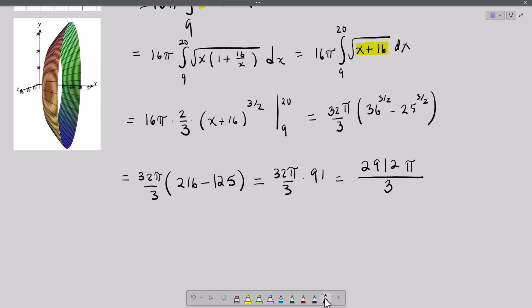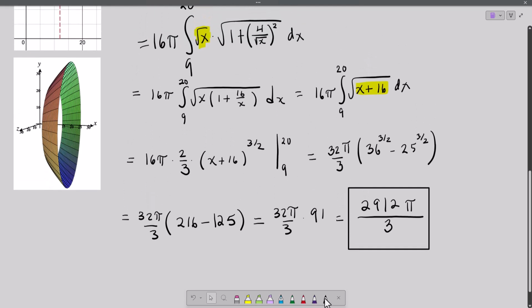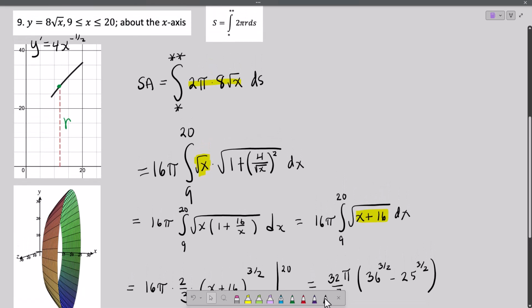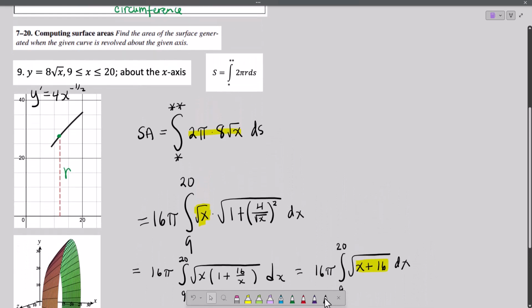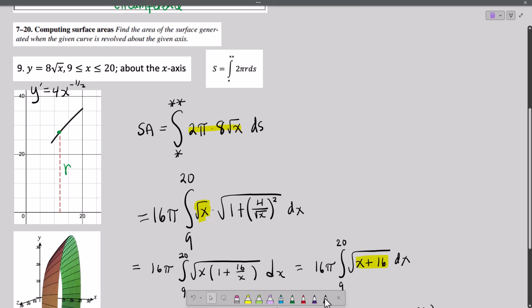Question: Can you go over how you turn the ds into the square root and all that stuff? So that's from arc length. Yep. Anytime we have a ds, ds is going to be the square root of something with either a dx or a dy there, depending on the orientation. In this case, we're doing 1 plus the derivative squared.